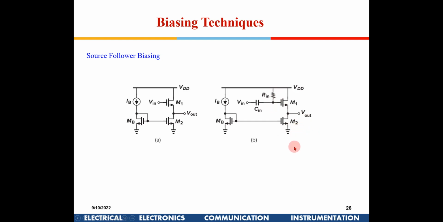Is there any particular reason why we are biasing this at VDD, or does it have to be as close to VDD? This voltage has to be kept high for maximum output voltage swing conditions. So if you keep it as close to VDD, you can apply an input signal out here.